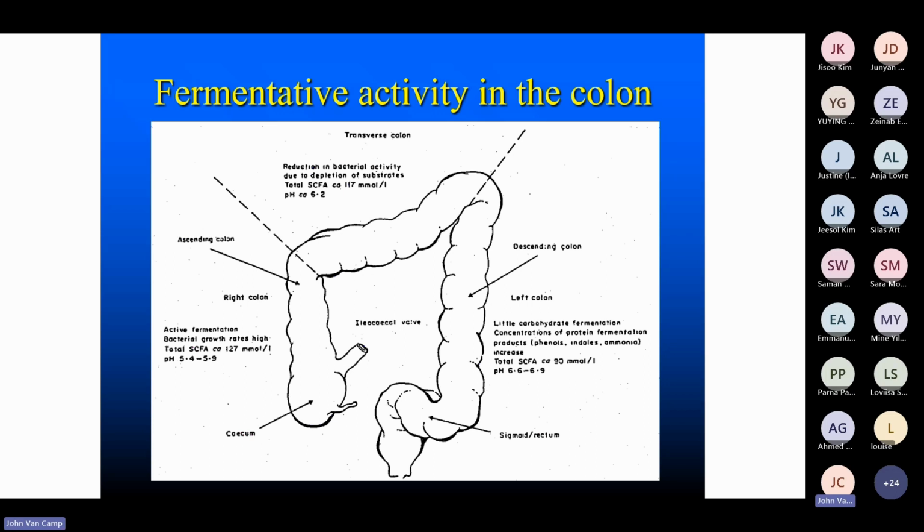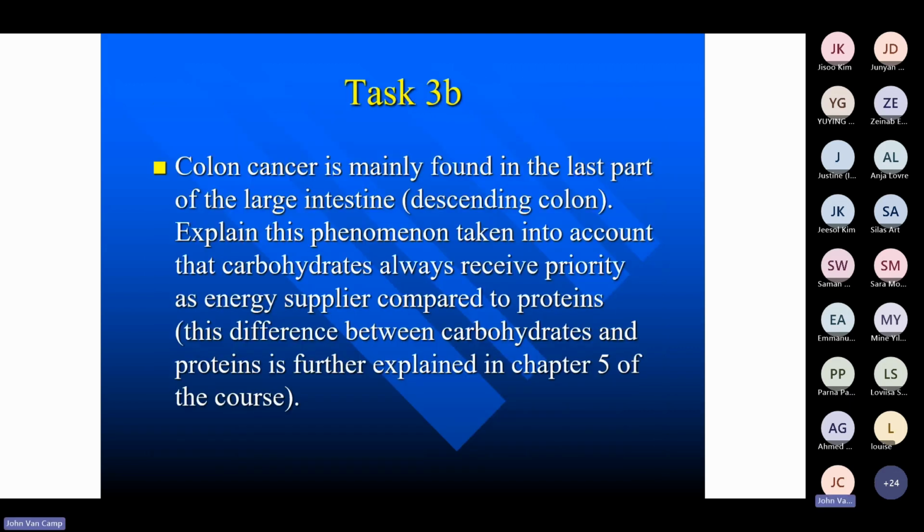And this brings me automatically to my second question for problem-based learning, which you can see here. I will come back to the figure immediately, but this is a question for all the groups B, where you can think a little bit about a microbial fermentation process and how this could influence the overall health of humans. So the question is the following. Colon cancer is mainly found in the last part of the large intestine, so mainly in the descending part of the colon.